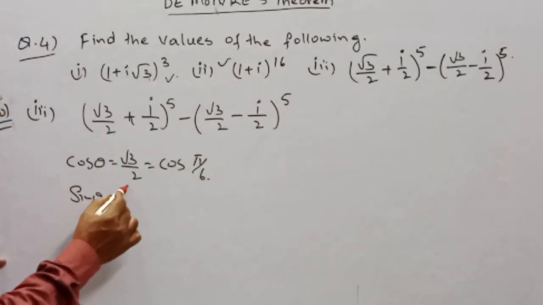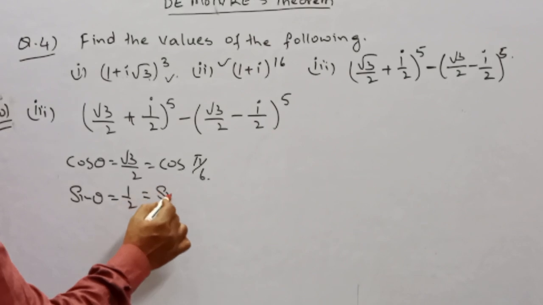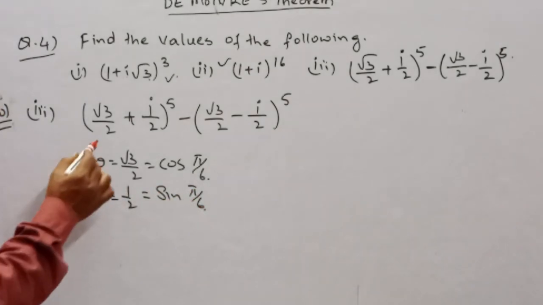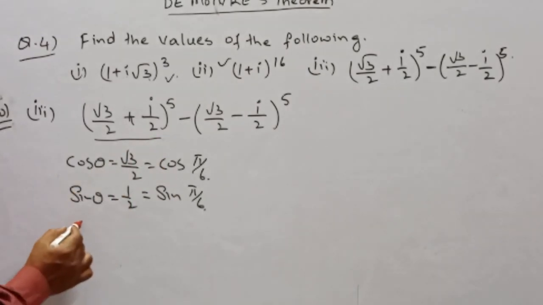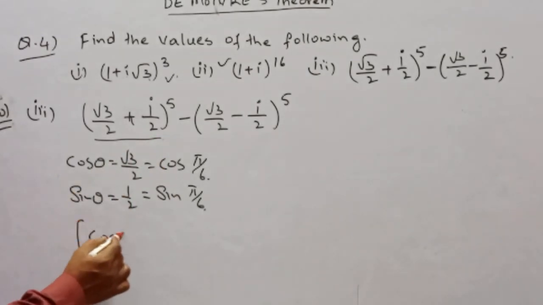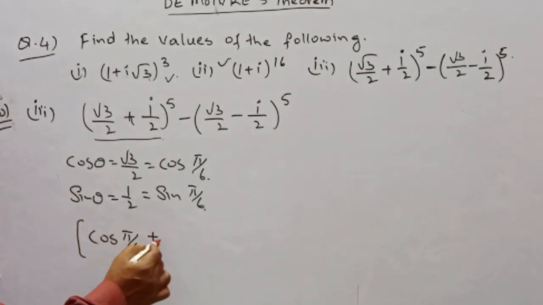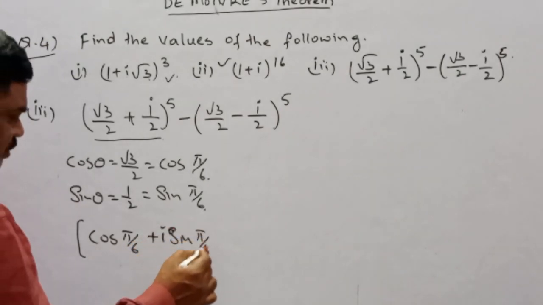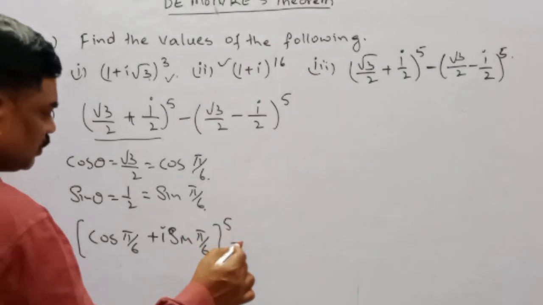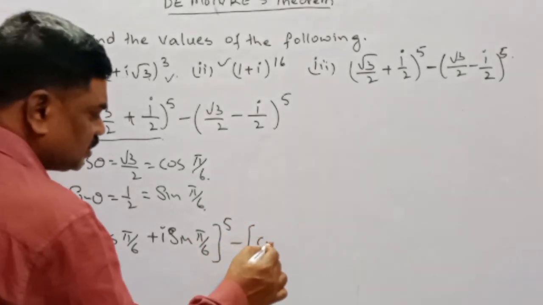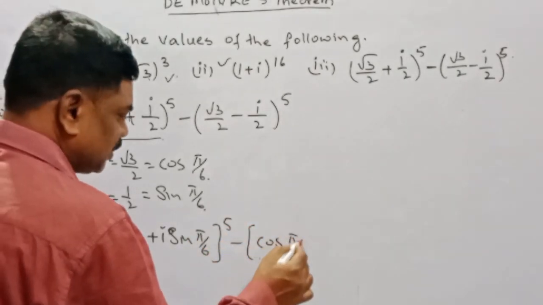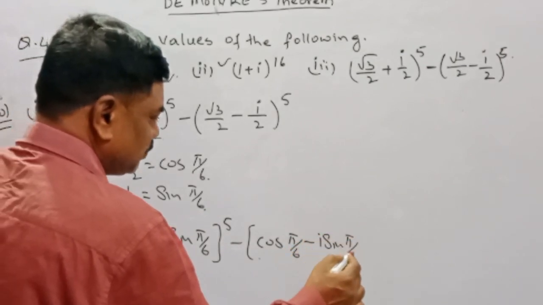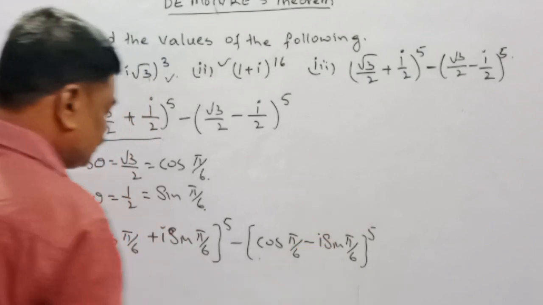Sin theta is equal to 1 by 2, which is sin 30 degrees, sin pi by 6. Then we write this as (cos pi by 6 plus i sin pi by 6) whole power 5 minus (cos pi by 6 minus i sin pi by 6) whole power 5.